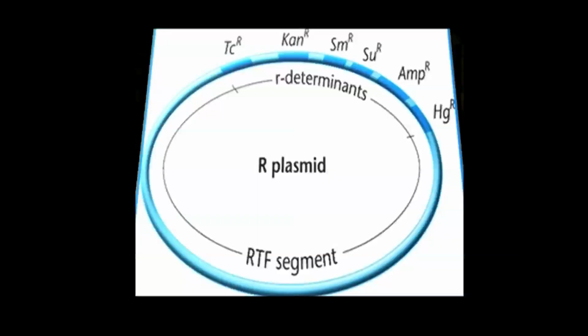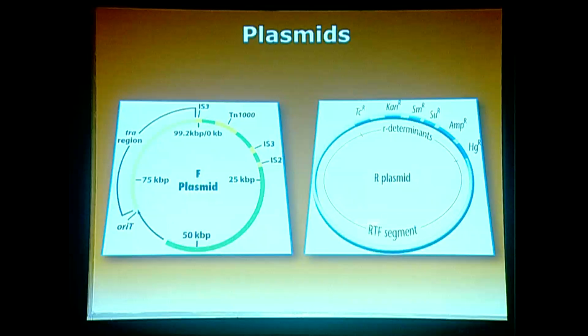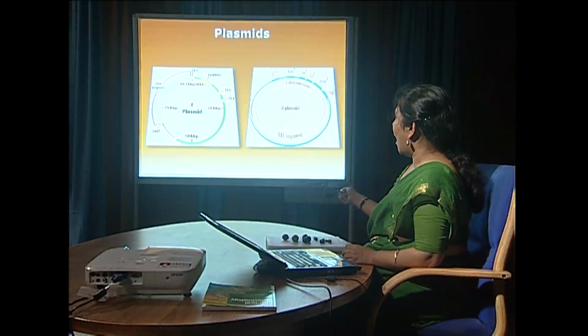In another case, we can also find the R plasmid. R plasmid contains the resistance factor against some antibiotic drugs. In E. coli, we also find the col plasmid. Col plasmid gives rise to colicin, which can kill neighboring bacteria. So, these are the maps for F plasmid as well as R plasmid.